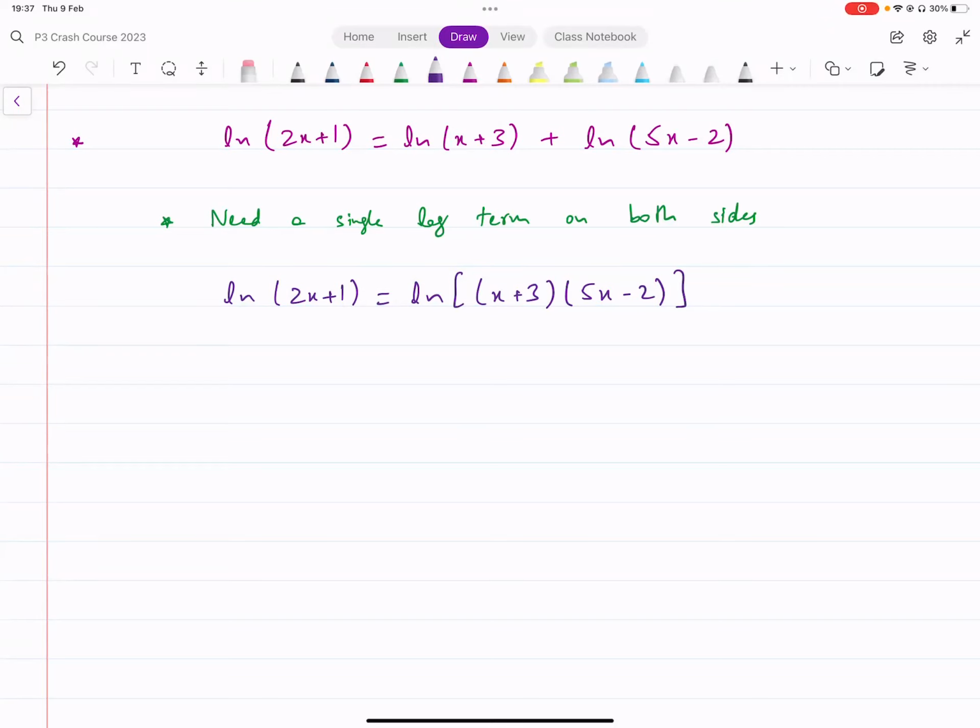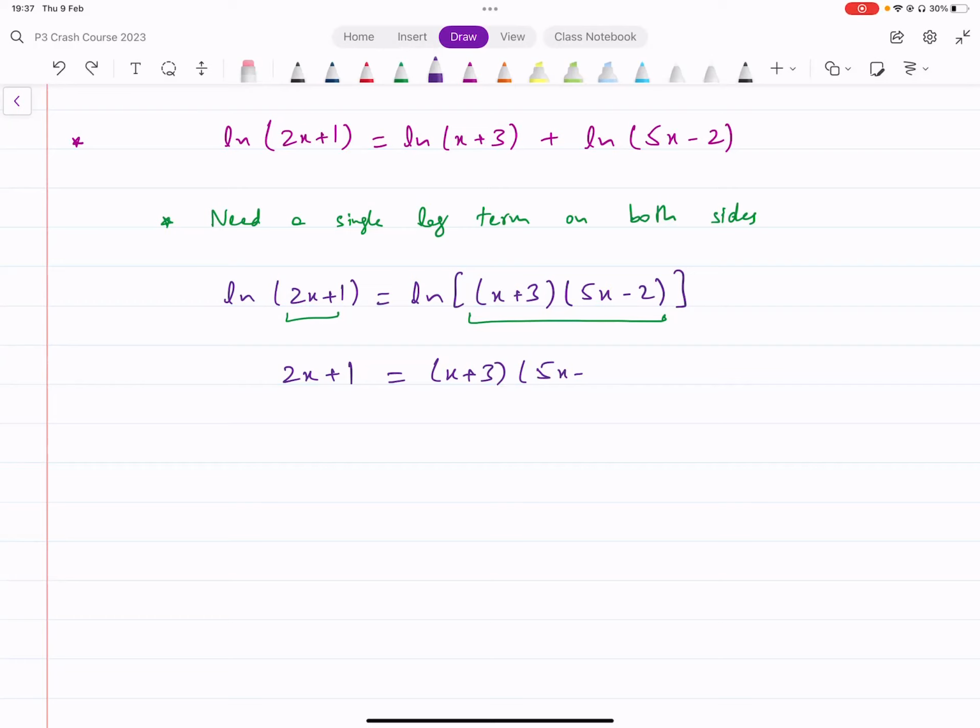All right. And now we could say, since log of this and log of this are the same, then these expressions that we have inside should also be the same. So 2x plus 1 should be equal to x plus 3 into 5x minus 2.